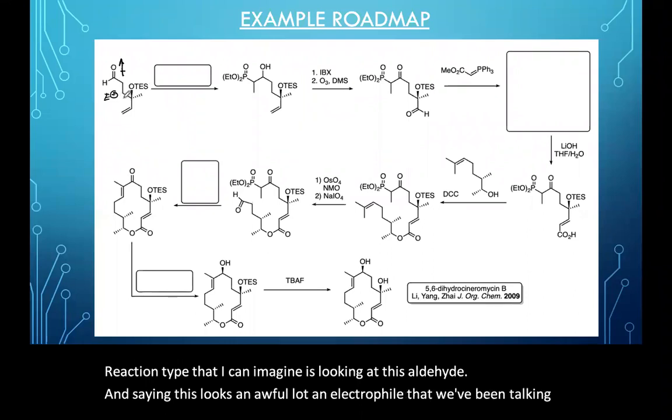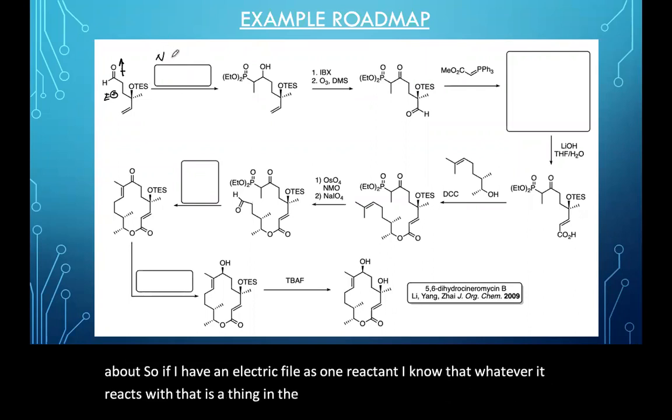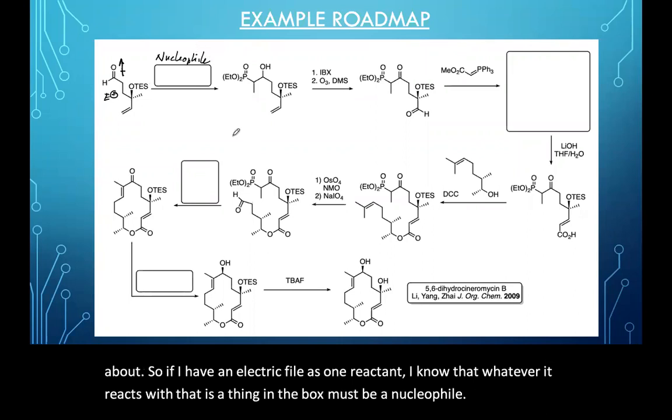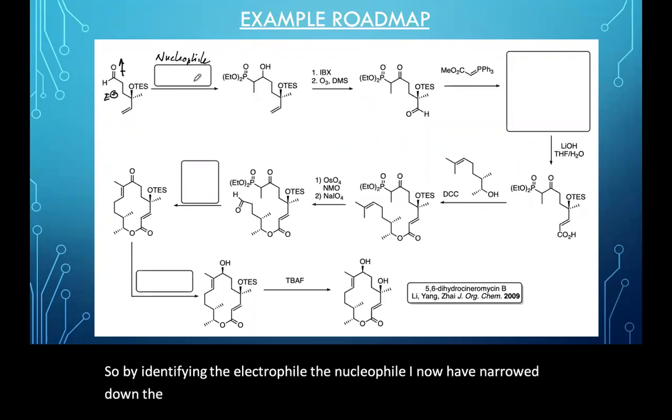So if I have an electrophile as one reactant, I know that whatever it reacts with, that is the thing in the box, must be a nucleophile. So by identifying the electrophile and the nucleophile, I now have narrowed down the possible kinds of things that might show up in here.